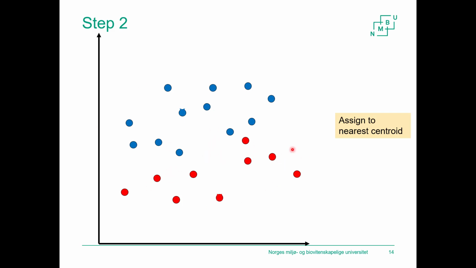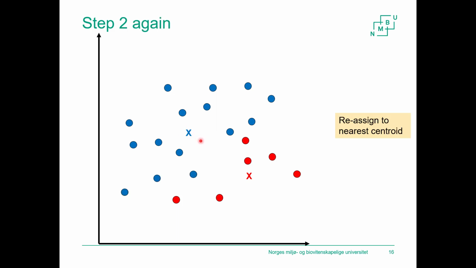But once you have assigned this, we recompute the centroids. And then you can see they shift a little bit, because this is now the average among the red points, and this is the average of the blue points. So it illustrates that this changes a little bit now.